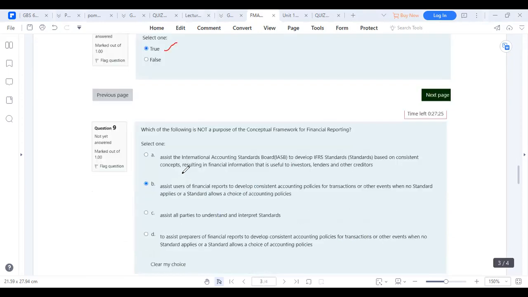Which of the following is not a purpose of the conceptual framework for financial reporting?